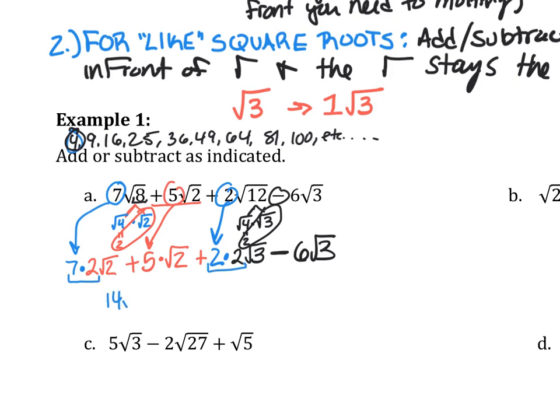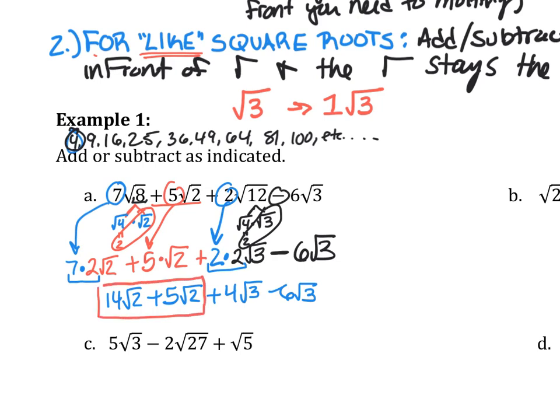So I have 14 square root 2 plus 5 square root 2 plus 4 square root 3 minus 6 square root 3. Now remember, we can only add or subtract our radicals if they have the same number under the square root, which means I can only add together these two terms that have a square root 2, and I can only add together these two terms that have a square root 3.